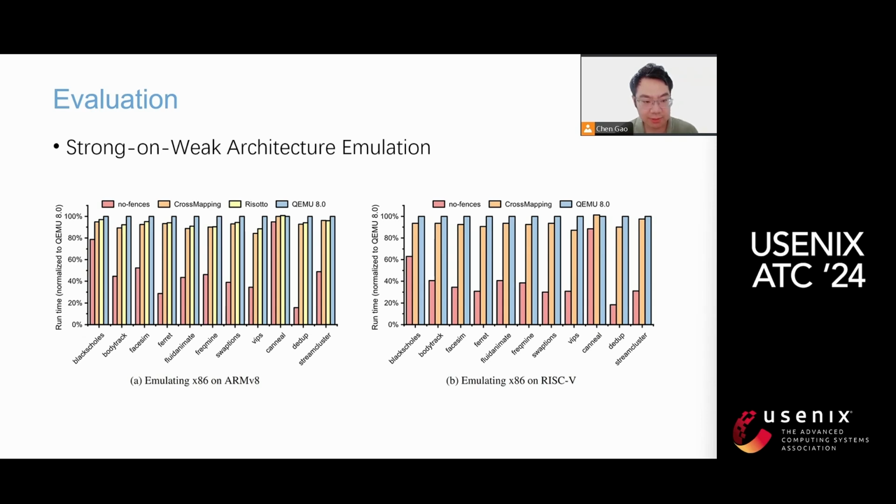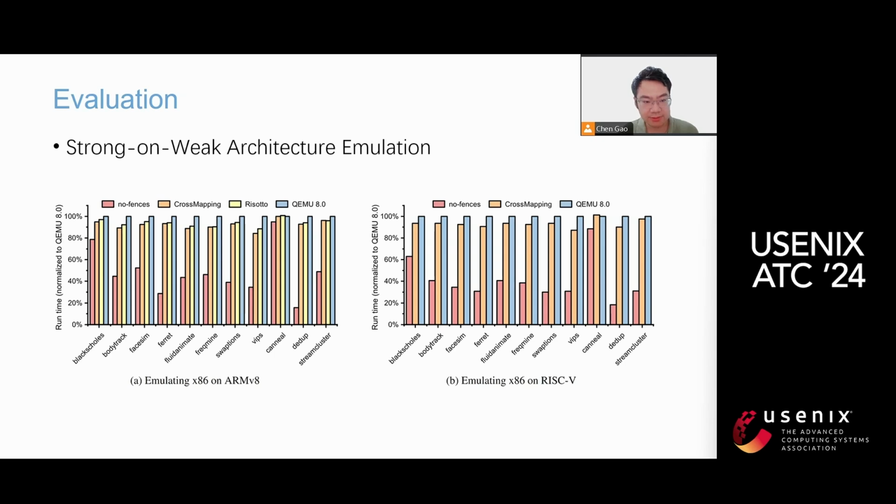For strong on weak architecture emulation, additional fences should be inserted to enforce memory orderings on the weak memory model, which introduces extra overhead. We first assess the overhead caused by QEMU's fence insertions.